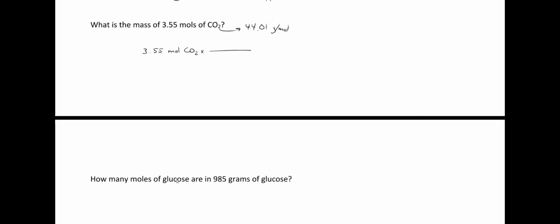So to get rid of moles of carbon dioxide, down here this is moles of carbon dioxide. So every 1 mole of carbon dioxide contains 44.01 grams. And I'll just put carbon dioxide even though it's obvious at this point. Moles cancels.